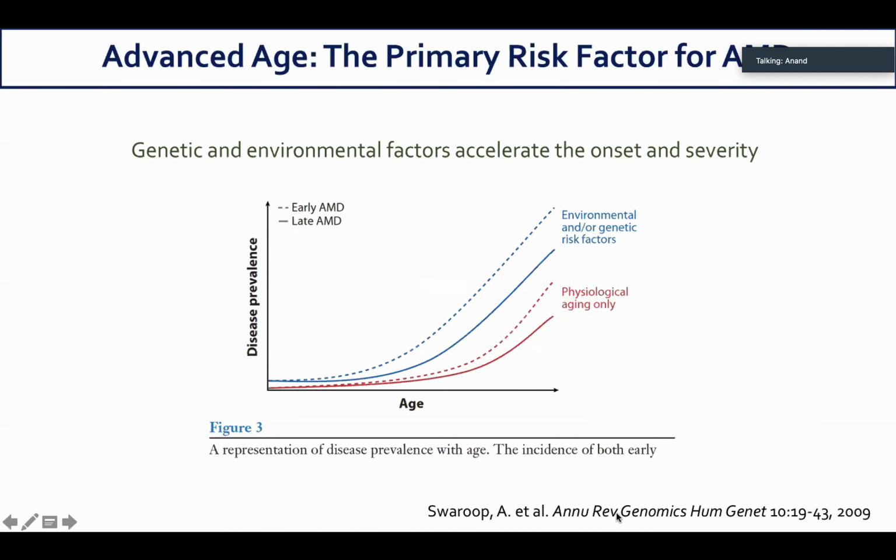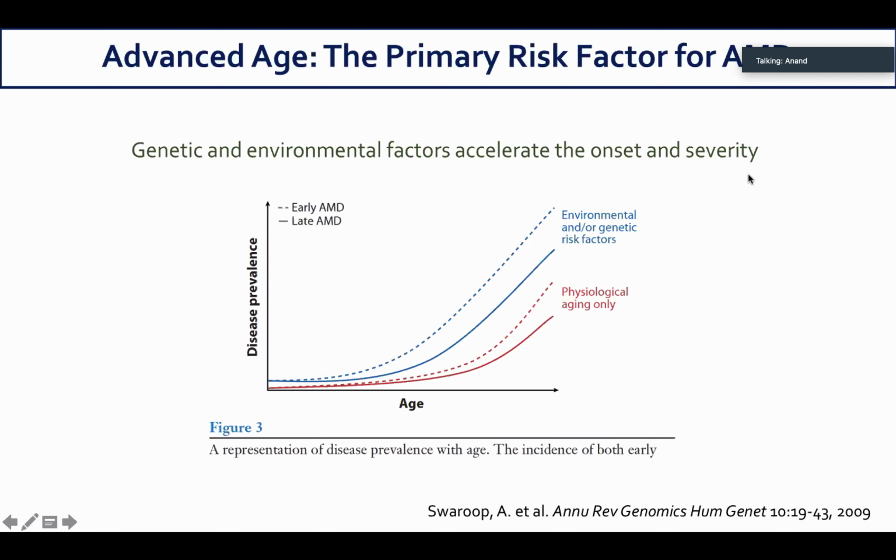So again, several years ago, I was telling you, I've been thinking about aging for a long time. In 2009, when I wrote a review in Annual Review of Genomics and Human Genetics, we were just trying to say how, with age, early AMD and late AMD are changing. If you have physiological aging, it proceeds at this rate, but genetic and environmental factors accelerate the onset and severity.